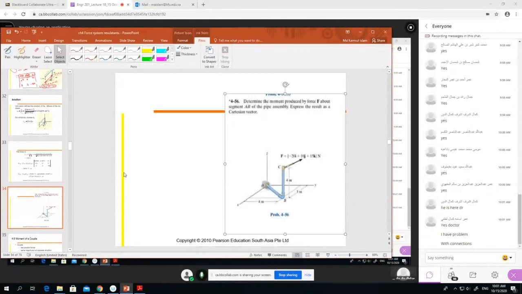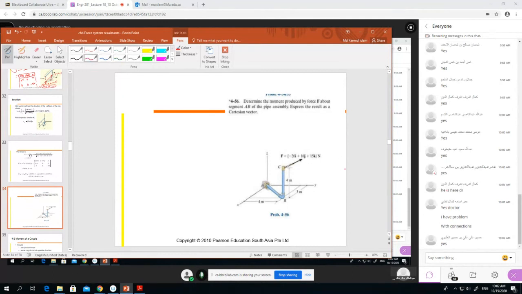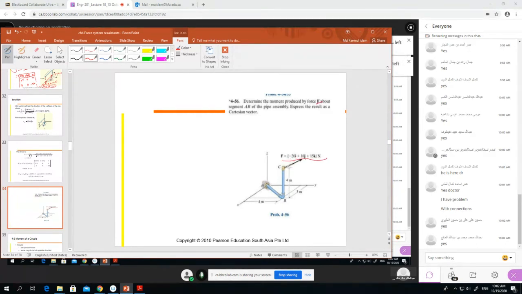Now we want to start the problem, right? We have 20 minutes, and we will try to finish it here. The problem says to determine the moment produced by force F. Can you see the screen clearly? F is given as a vector: minus 20i plus 10j plus 15k.